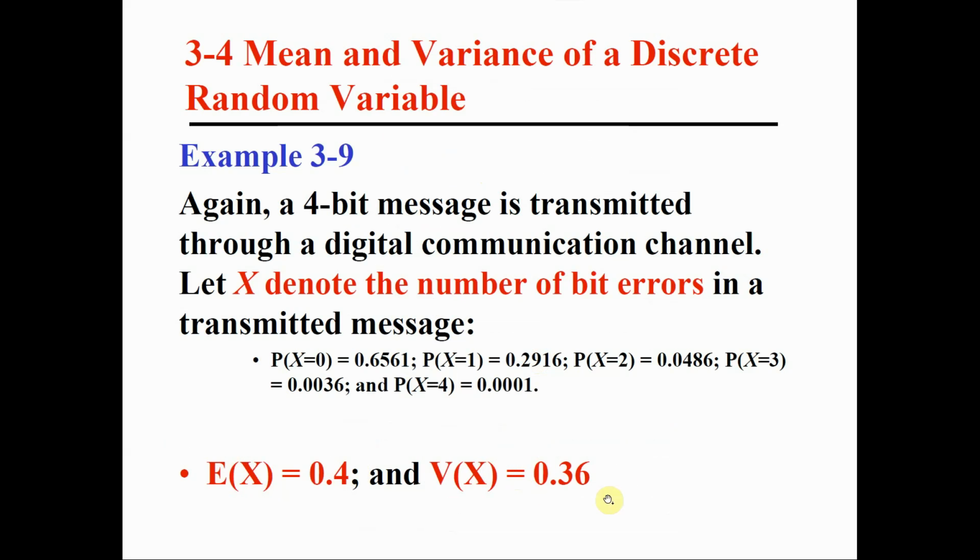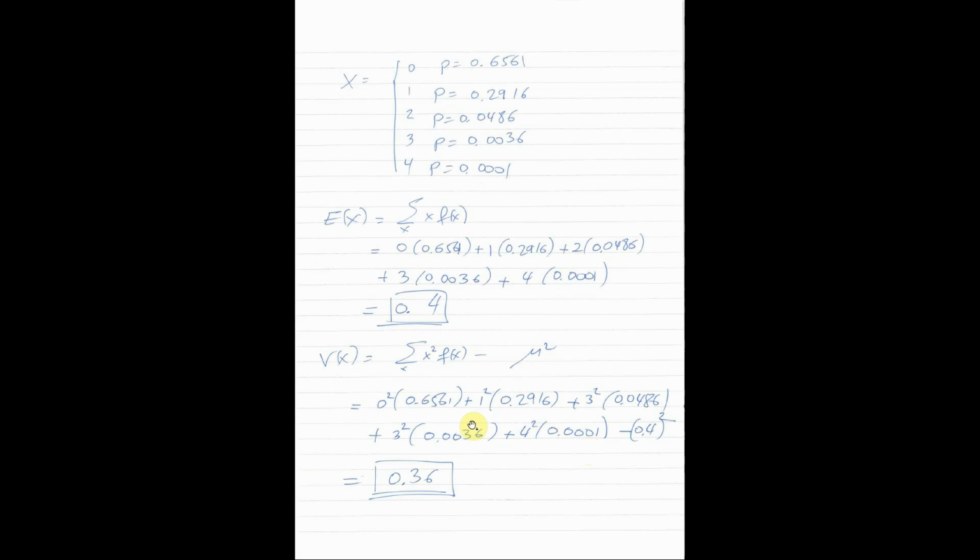These are the final answers, but let's do the calculation together. How do we get the expected value of X? From the definition, the summation of X times f of X. How did we do that? 0 times probability plus 1 times probability plus 2 times probability, plus 3 times probability plus 4 times probability, multiplying each term and then adding up all the terms, you can verify that the answer is 0.4.